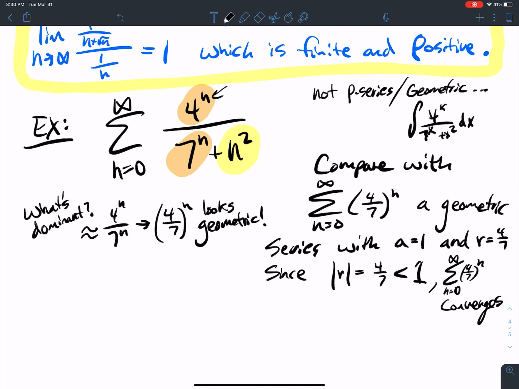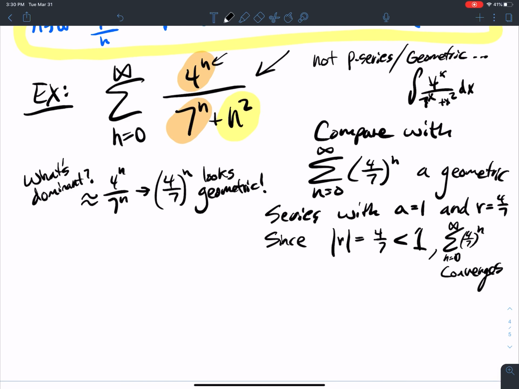Now remember, I don't care what this thing adds to. All I want to know is, does it converge or diverge? So if I'm going to compare this with this here, and I know that this one converges, and I get some limit that's finite and positive, then I know that the other series is going to converge as well. Okay? So let's work out a comparison, see what happens.